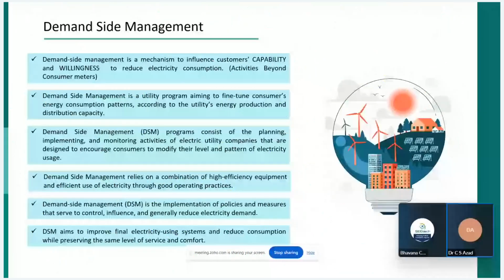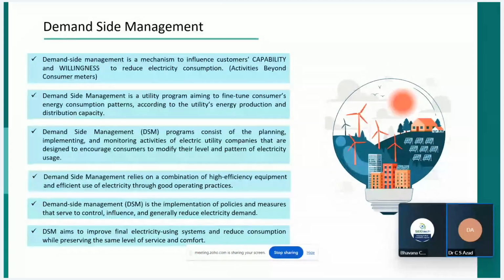Next, a demand side management program consists of the planning, implementation, and monitoring activities of electrical utility companies that are designed to encourage consumers to modify their level and pattern of electricity use, creating consumer awareness so that they can modify their consumption level or their behavior.